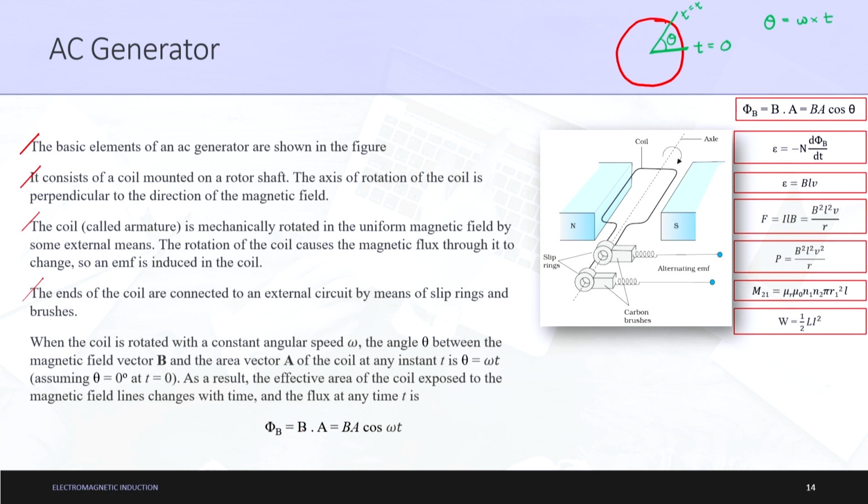Phi B is the dot product of B and A, that is B A cos theta, but here theta is a function of t. Every basic concept of electromagnetic induction is being applied in AC generators. So phi B is equal to B A cos omega t.